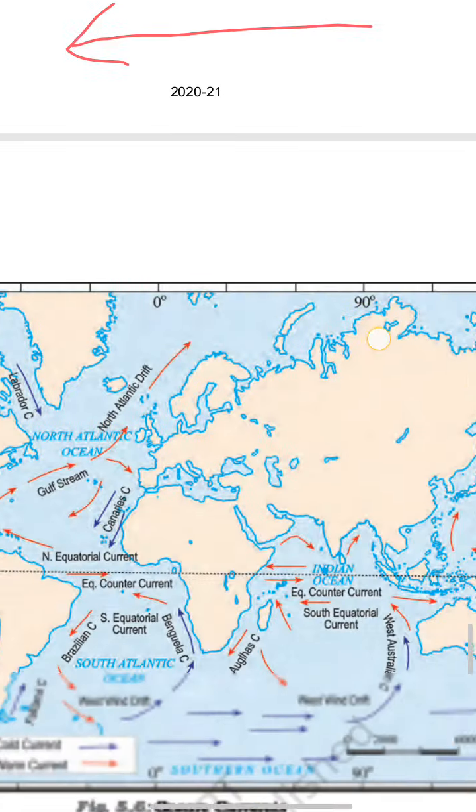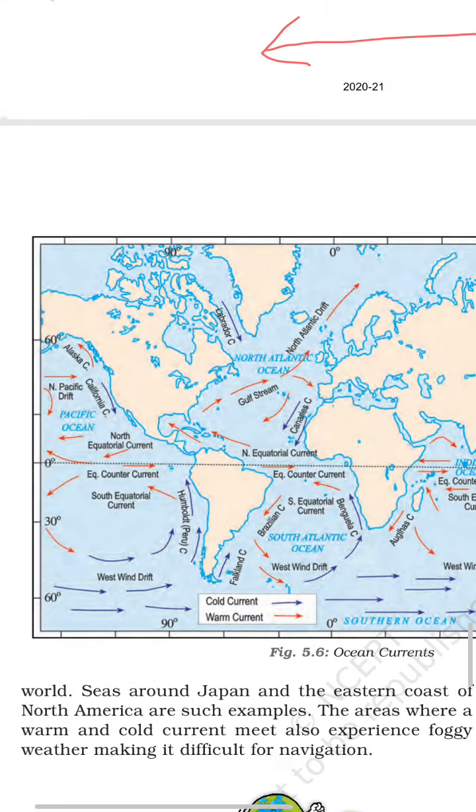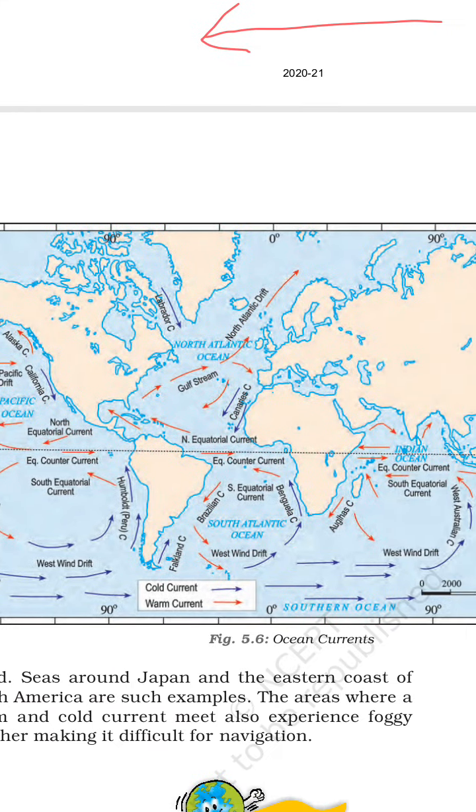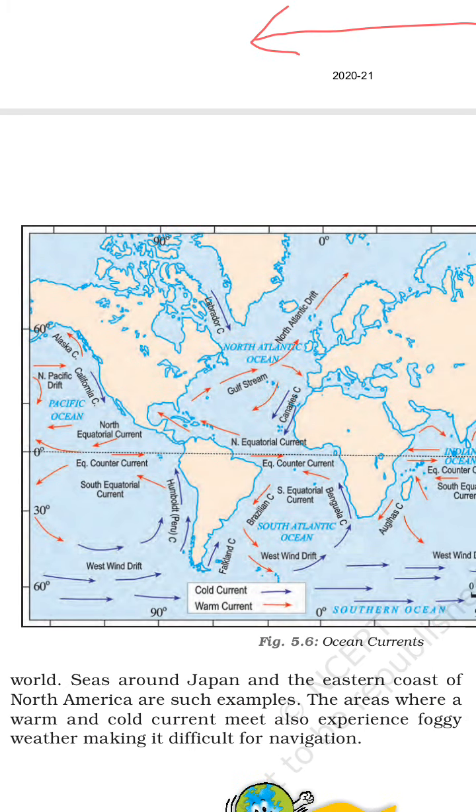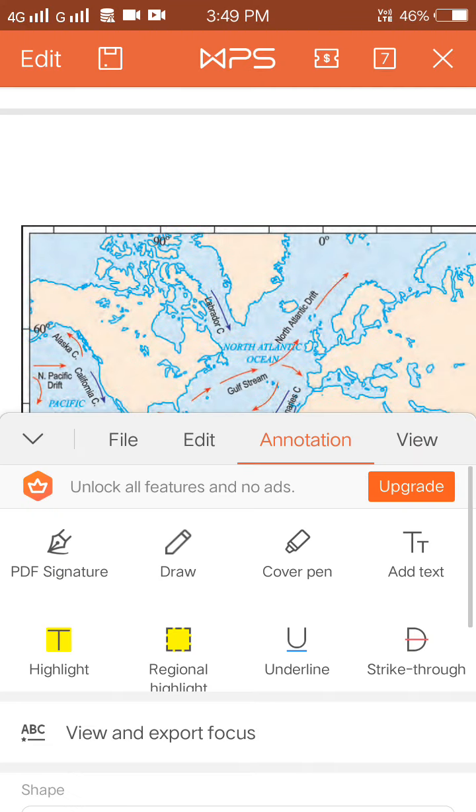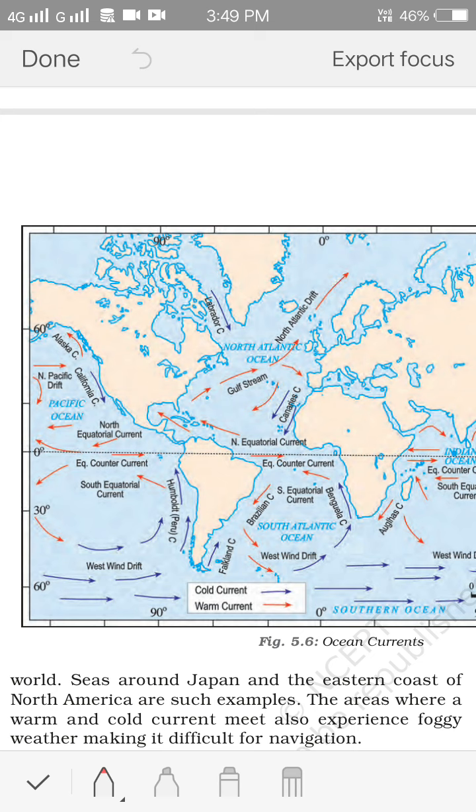Warm ocean currents originate near the equator and move towards the poles. And cold ocean currents originate near the poles and move towards the equator.